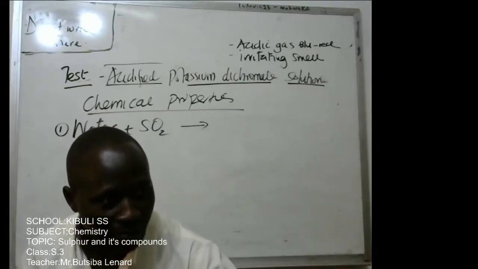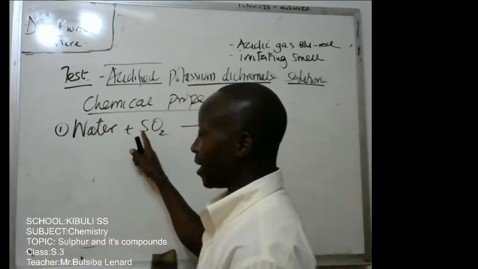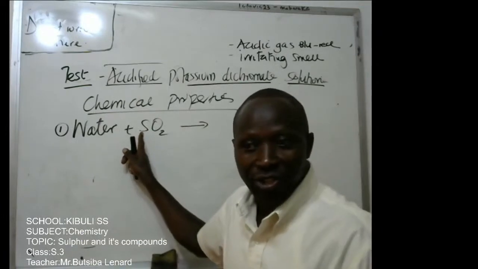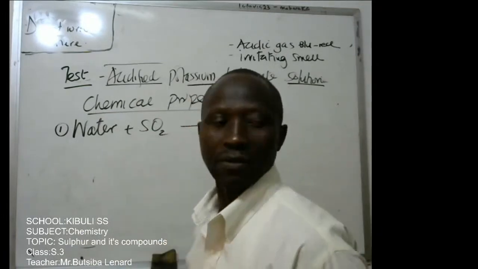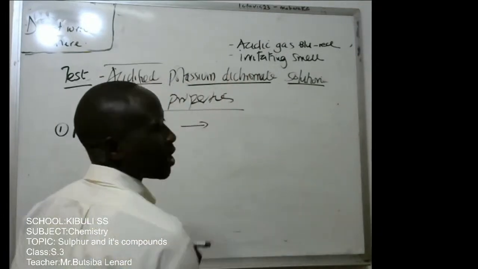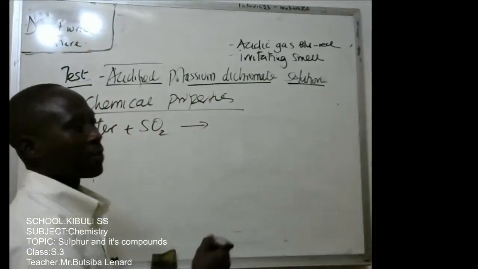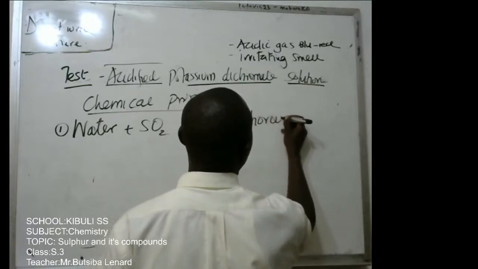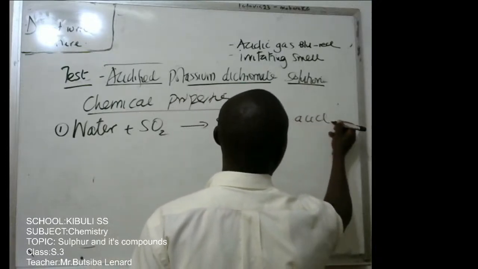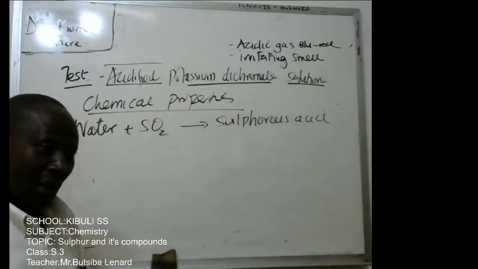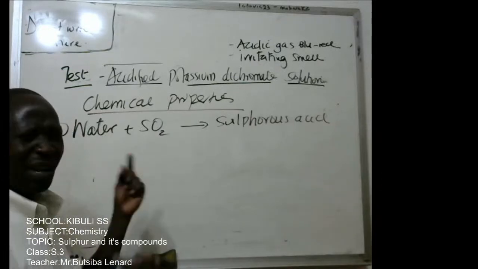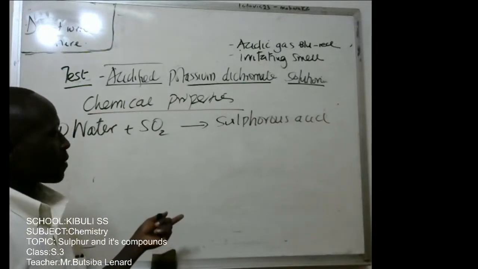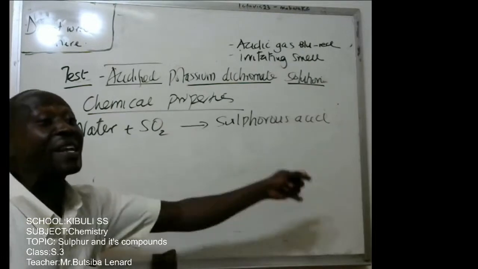An oxide of a non-metal which, when dissolved in water, produces an acid. So what will be the name of the acid? This acid is called sulfurous acid. This one you must know. If it's sulfur trioxide, you have sulfuric acid.